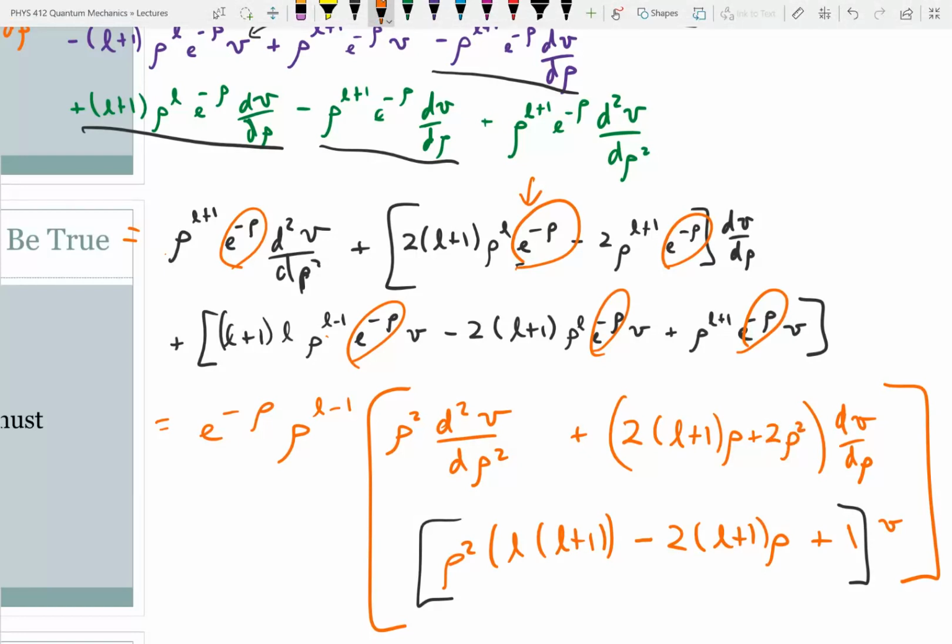And likewise, I did them wrong here as well. And okay, so L plus 1 should have a rho squared anywhere there's L plus 1.